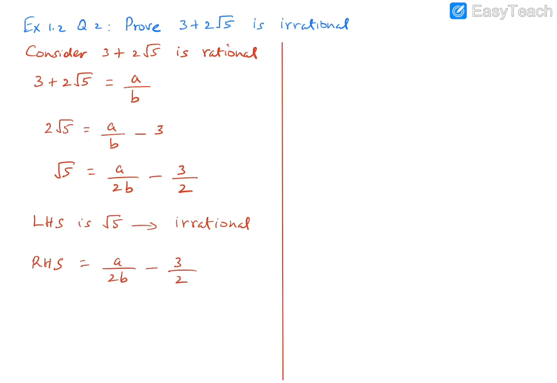And we know that a is an integer, b is also an integer. So therefore, since a and b are integers, a over 2b is rational.